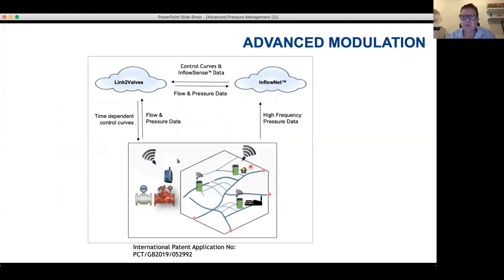In the morning when people wake up and they all have their showers and breakfast, the critical point of the DMA is near this residential area. But then when people go off to work in factories or offices, the critical point might move to a different area. So the critical point can actually move around a DMA depending on what the demands are.